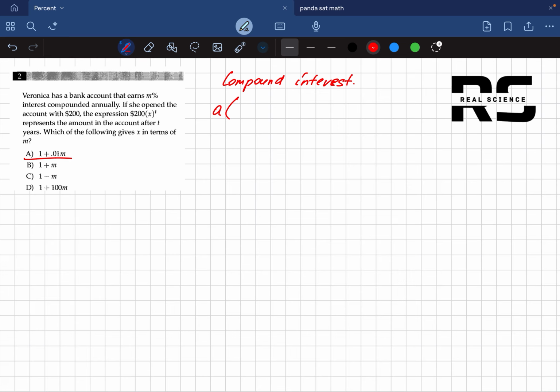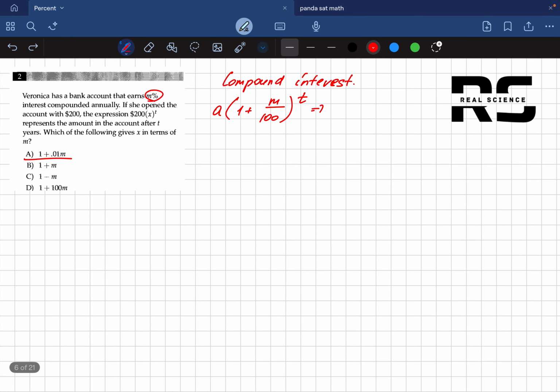So this is a times 1 plus n divided by 100, because it is said that it earns n%, to the power of t. In this case, a is the initial amount, so we can say that it is 200 times 1 plus, in this case, 1 divided by 100 is 0.01 n, to the power of t.